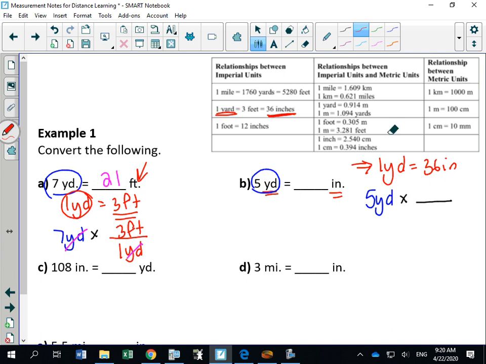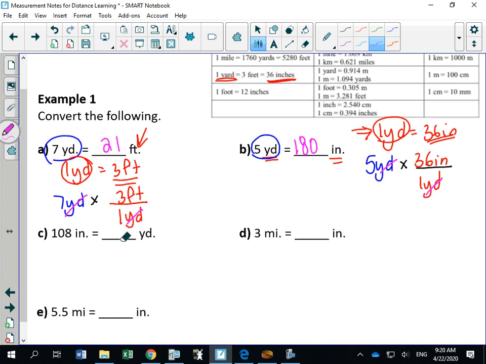Between these two numbers, one goes in the numerator and one goes in the denominator. What I want goes on top. They want inches, so 36 inches goes on top. That means this 1 yard goes on the bottom. A yard over a yard would cancel, and my answer is going to be 5 times 36, which is 180 inches.